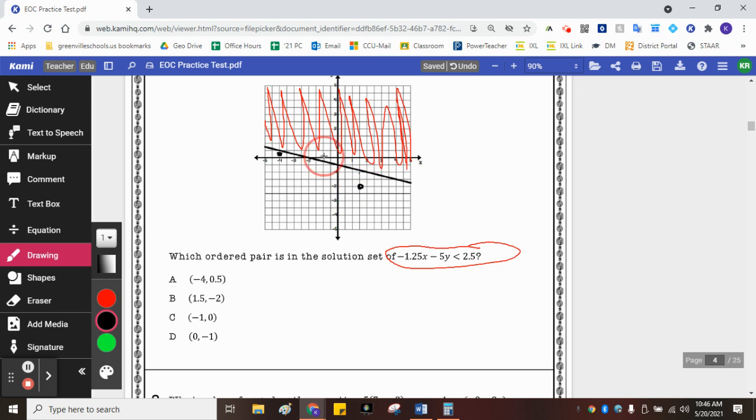And 0, negative 1. If I graph all of my points, only one of them is above the line. All of the other points are below the line. So it has to be this point above the line. Negative 1, 0.